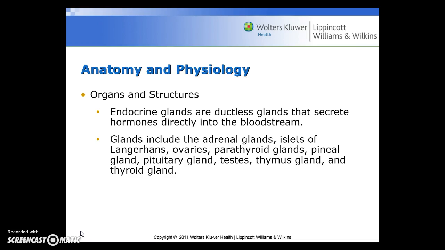These glands include the adrenal glands, the islets of Langerhans, the ovaries, the parathyroid glands, the pineal gland, the pituitary gland, the testes, the thymus gland, and the thyroid gland.